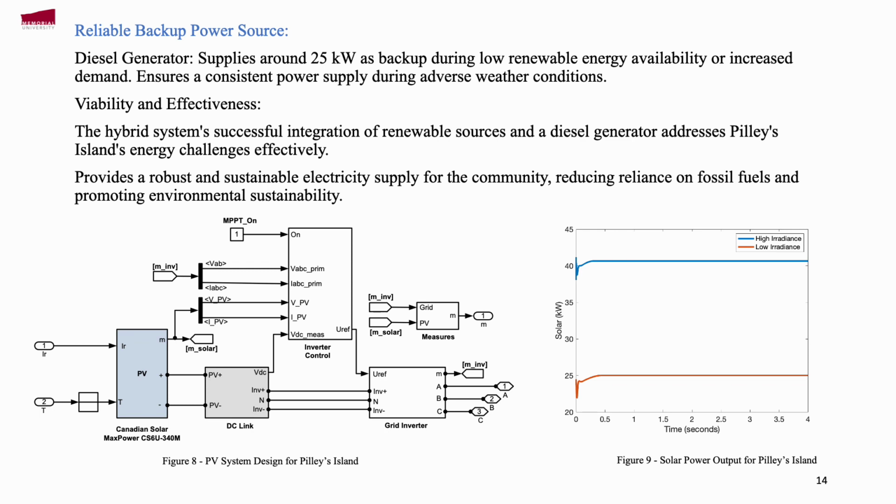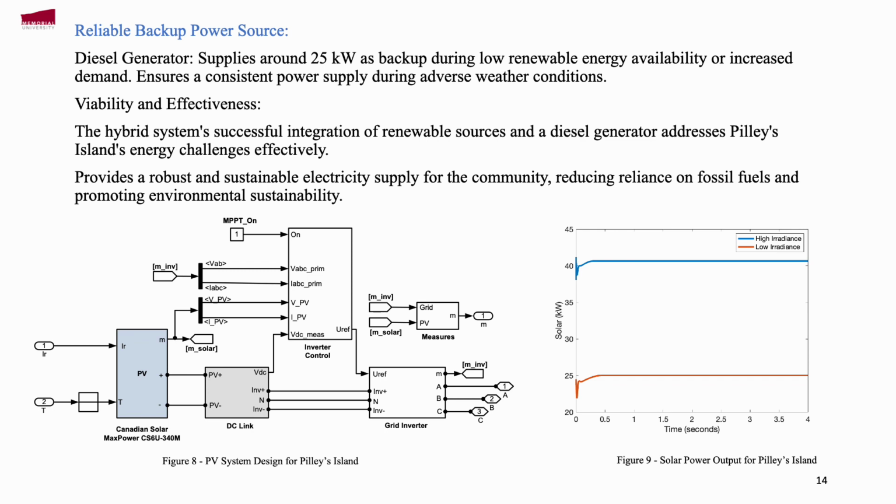We are using the P and O algorithm, which is considered one of the best algorithms. The MPPT approach extends beyond power output adjustment, is included in the PV array, and helps to monitor the voltage and the current of the system.